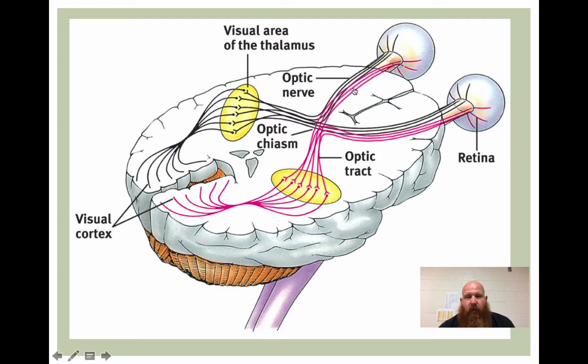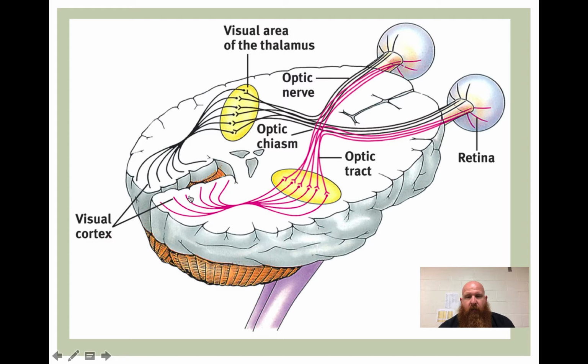They're going to come together around the thalamus. But what happens here is strange. The visual cues from the right side of both eyes end up here, and the visual cues from the left side of both eyes end up here, and then are processed in the visual cortex.